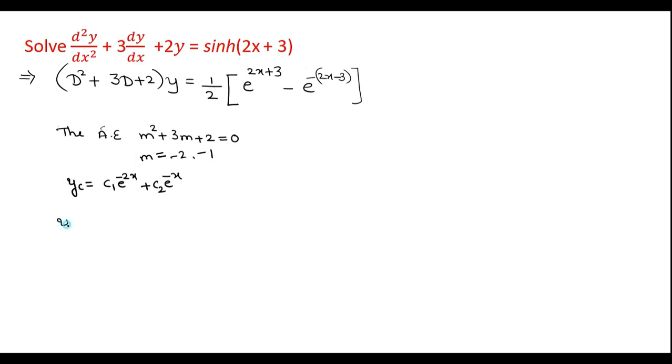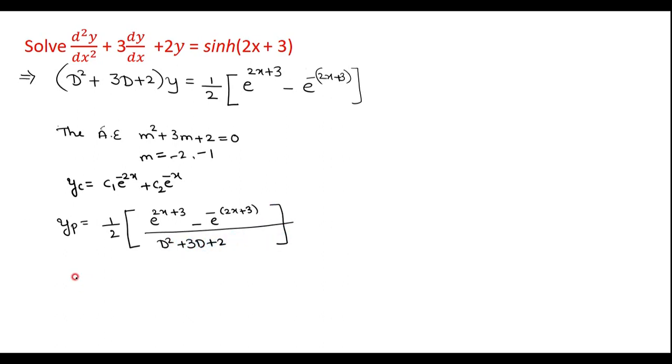Now to find yp, it is 1 by 2, e raised to 2x plus 3 minus e raised to minus 2x plus 3, divided by the differential operator, which is D square plus 3D plus 2. Now we'll separate it.